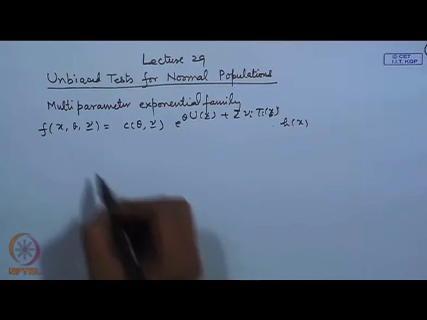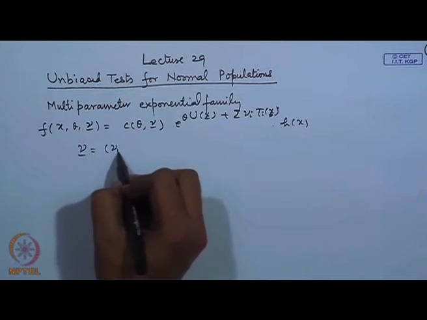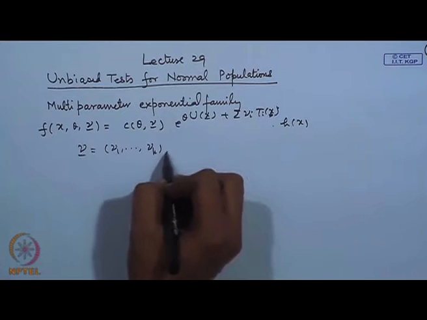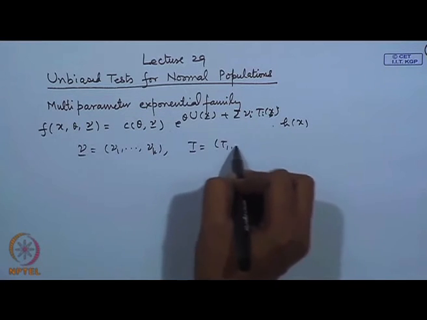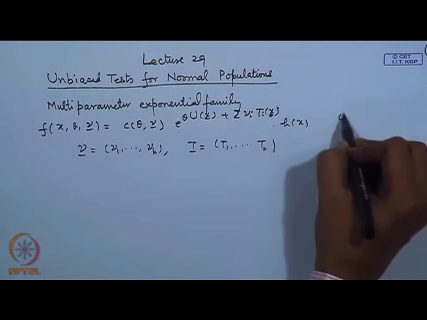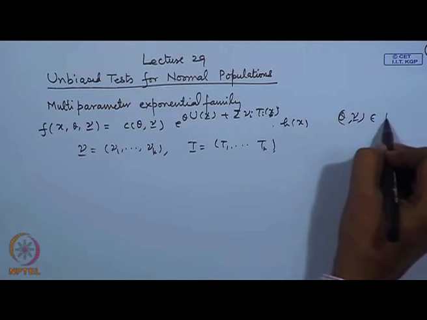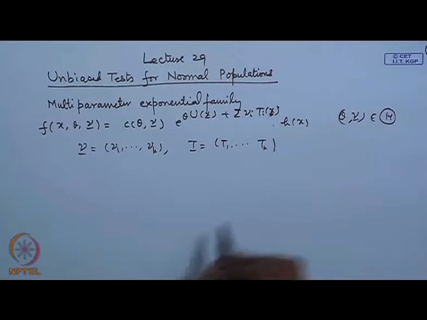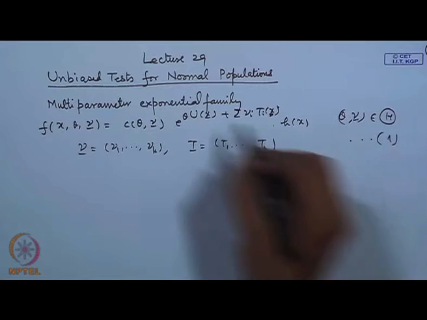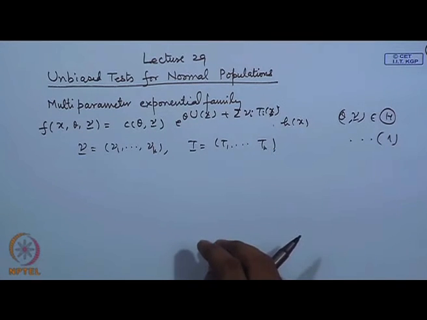Here nu is equal to (nu 1, nu 2, ..., nu k), and t is equal to (t 1, t 2, ..., t k), and this (theta, nu) belongs to a certain parameter space, say script theta. I call this density 1.